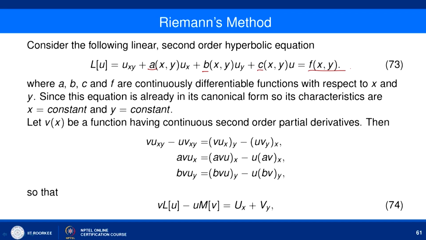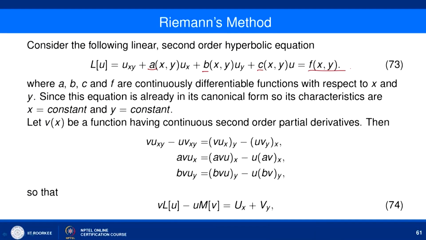We assume this form as a canonical form, because any second order linear hyperbolic equation can be reduced to this canonical form, that is Lu equal to f(x,y). So we are assuming that x and y are the characteristics.